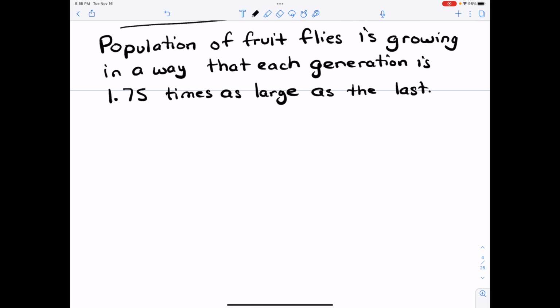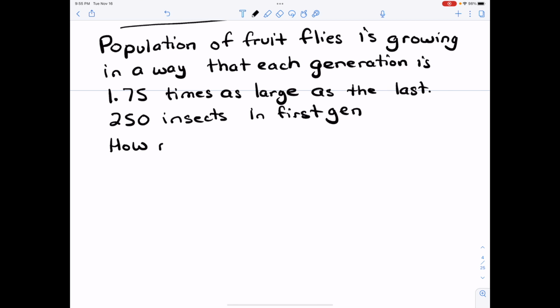So 250 insects in the first generation. How many in the sixth generation? It says round to nearest whole number.